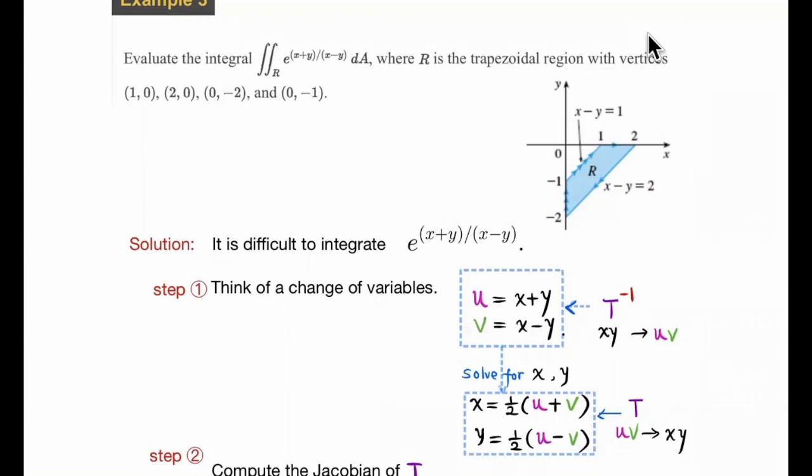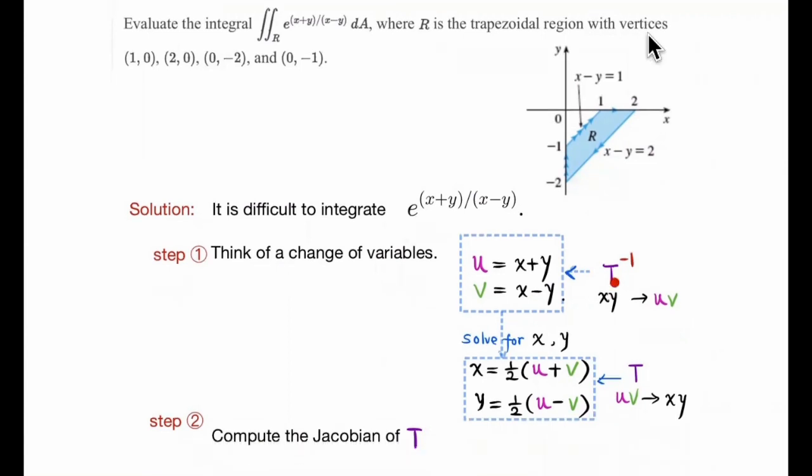And this is a transformation from the xy plane to the uv plane, which is the inverse of T, because T is supposed to transform a region in the uv plane to the xy plane. Now, if we know the inverse, then we can solve for x and y, express x and y in terms of u and v.